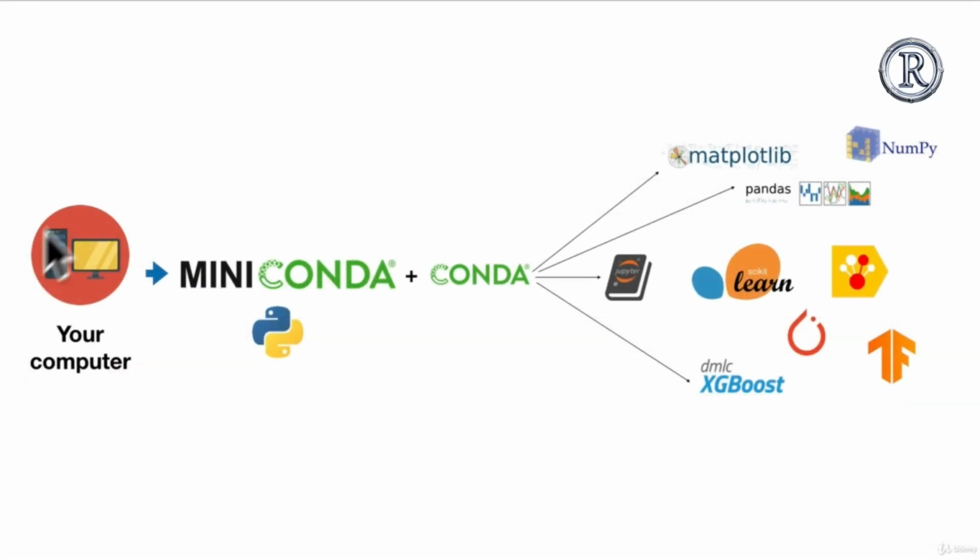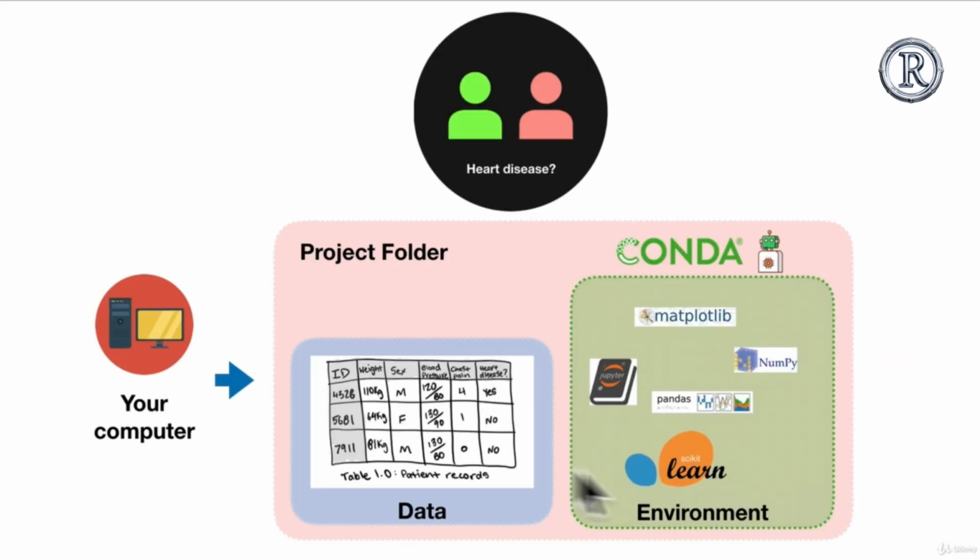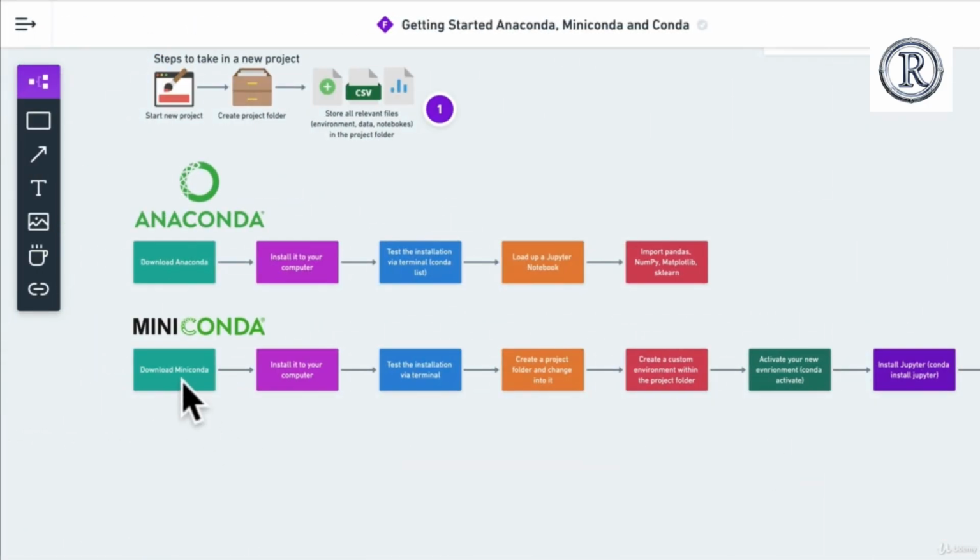Let's have a look. We started with this, your computer. Then we downloaded Conda, which came with Python and Conda. Then we used Conda to install these tools, specifically within an environment. Now, if we go back here, we've gone through these steps. In a previous lecture, we downloaded and installed Conda.